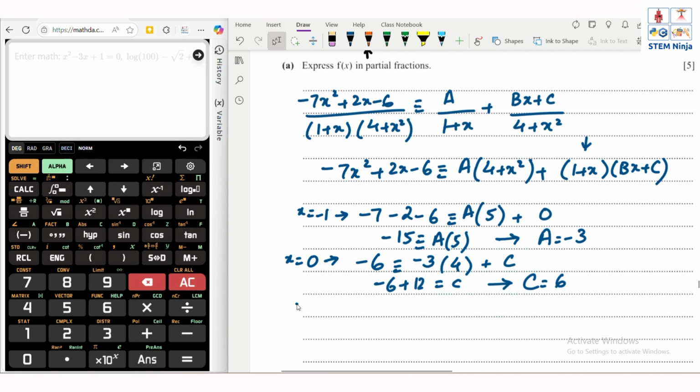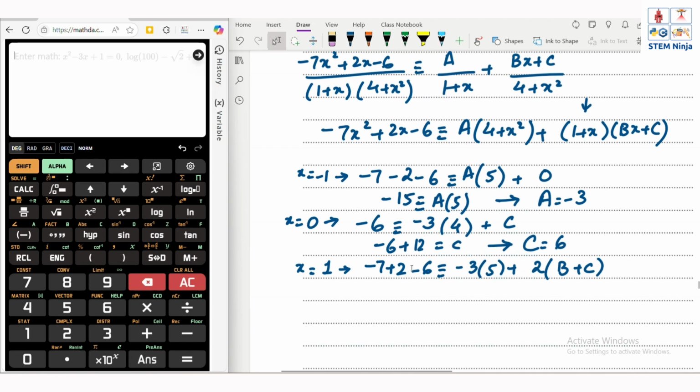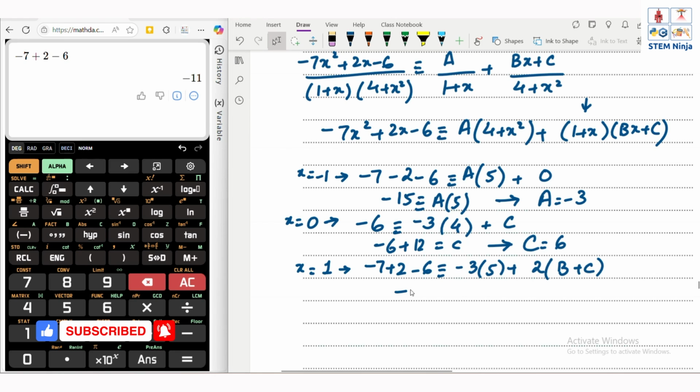Now, for the b, any value we can take. So 1. So minus 7 plus 2 minus 6 equals A, which is minus 3, so minus 3 times 5, plus 1 plus 1, 2, times B plus C. So minus 7 plus 2 minus 6, that is minus 11, plus 15 equals 2.